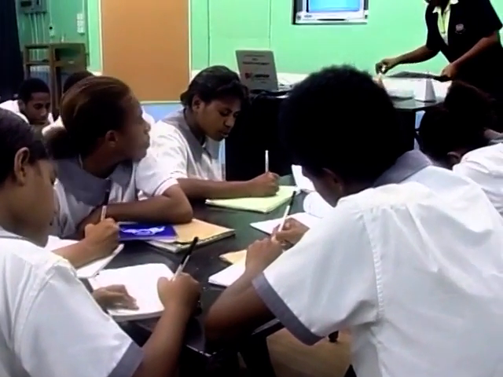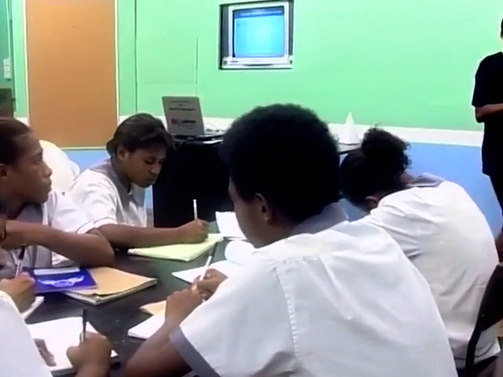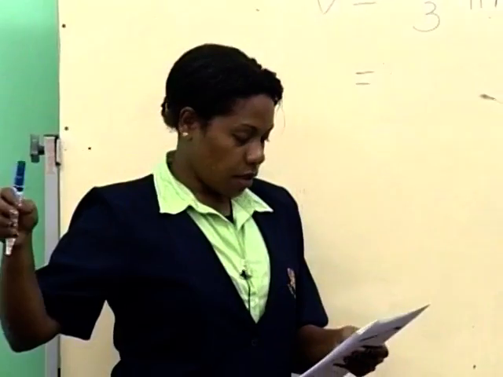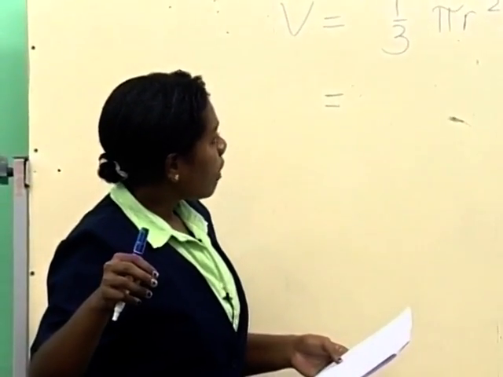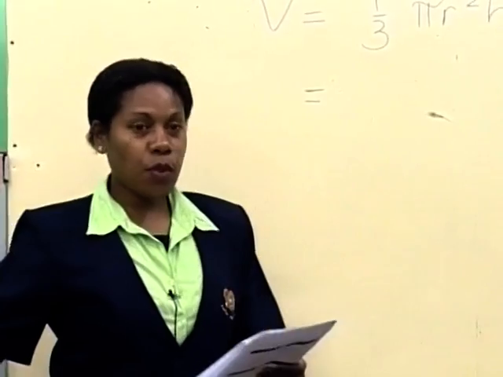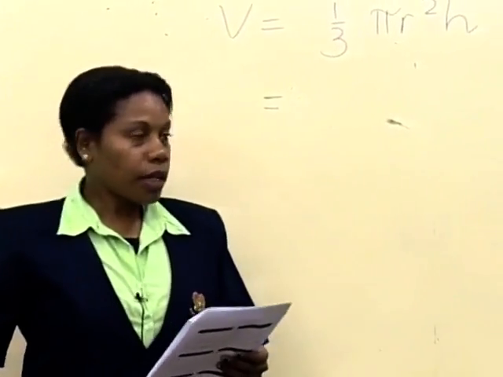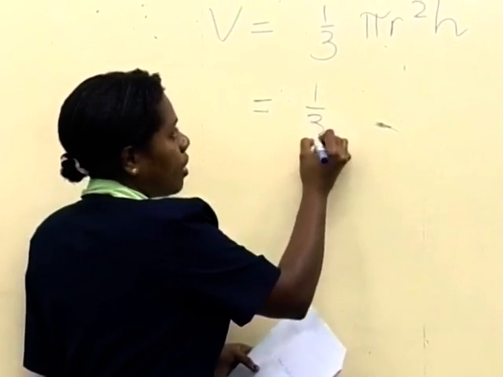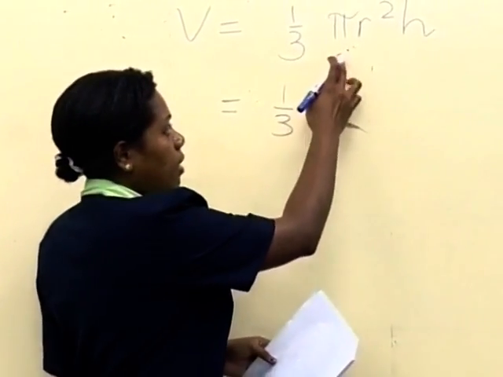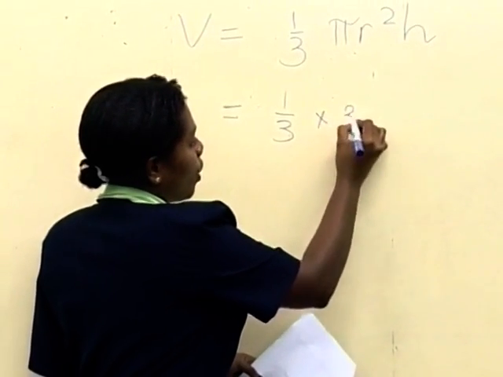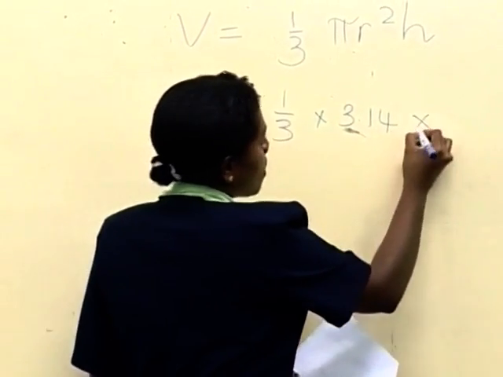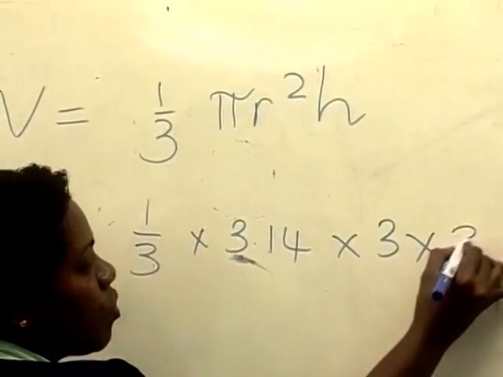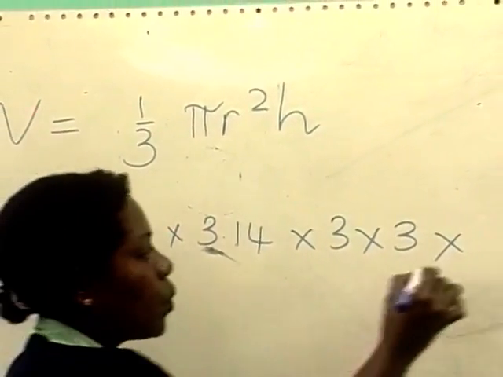I'll just write up the formula. Volume is equal to 1/3 pi r squared h. Then we have 1/3 times what? 3.14 times 3 times 3 times 23.